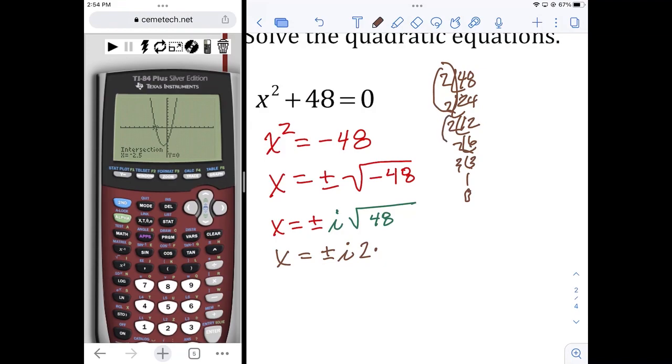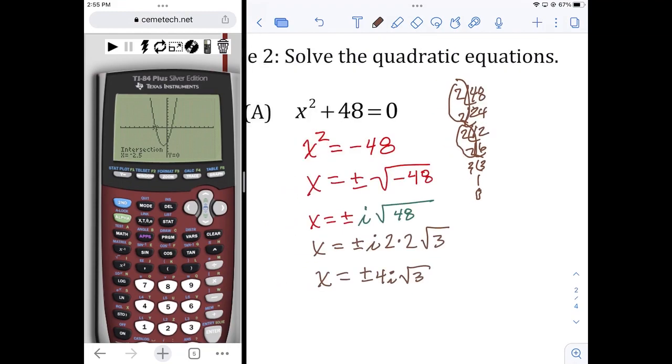Here's another pair of 2's, so another one comes out, and we're left with a 3 that has to stay underneath there. Then you can just combine that and say 4 plus or minus 4i square root of 3. Extracting square roots. Just make sure you do the plus or minus.